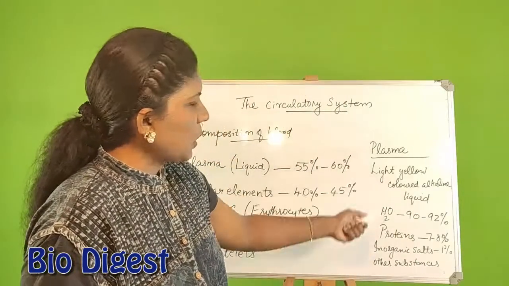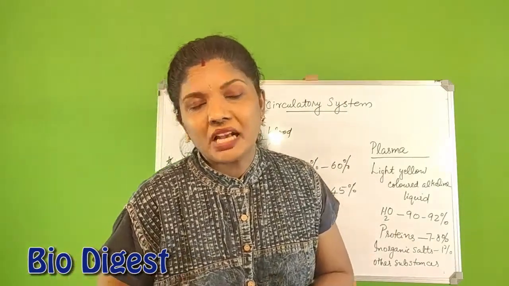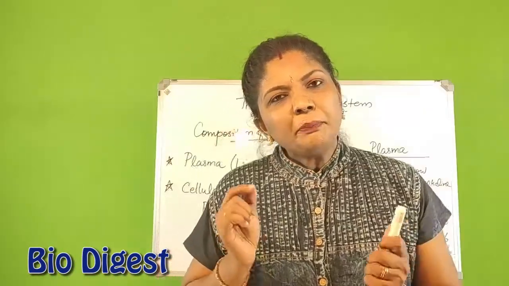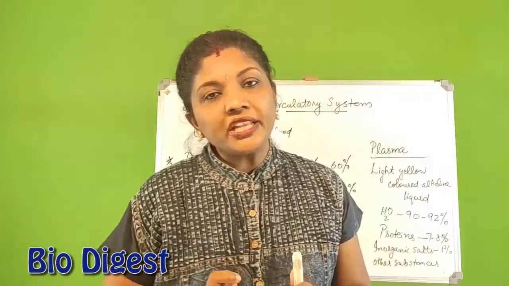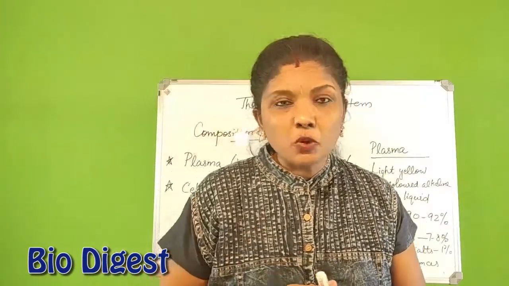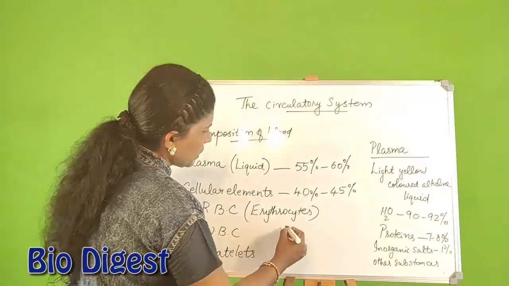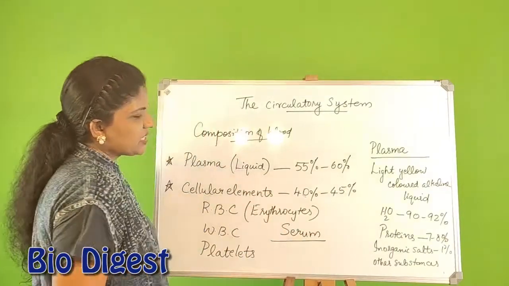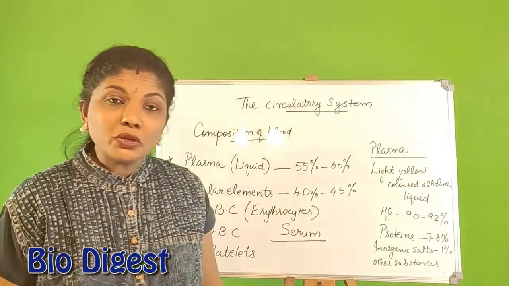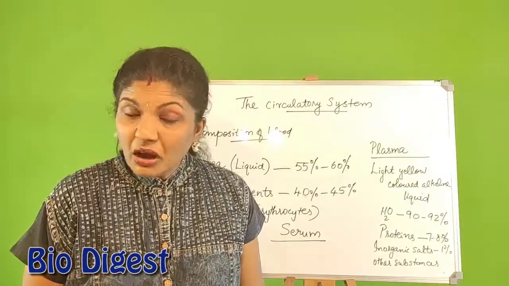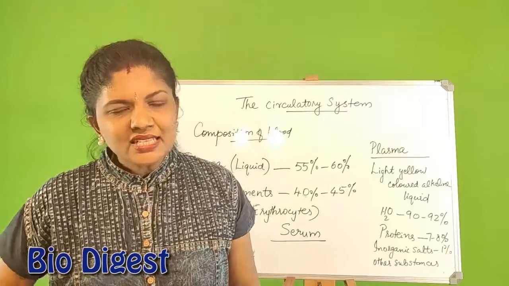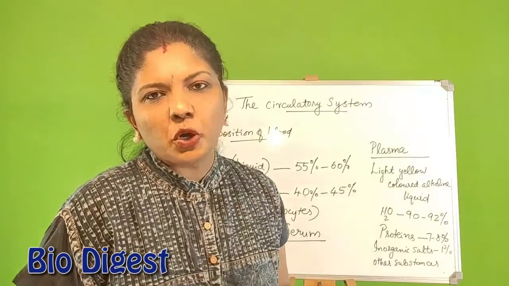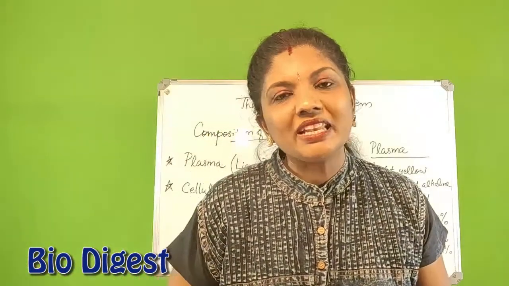So this is the composition of blood plasma. The plasma from which the protein fibrinogen has been removed is what is called serum. This can sometimes come for the board exam. What is serum? How will you define it? It is the plasma from which protein fibrinogen has been removed. That is called serum.